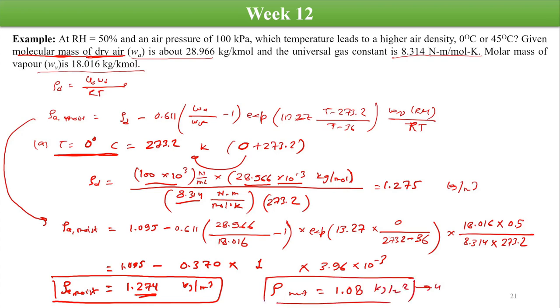This is at a temperature of 45 degrees Celsius. This is at a temperature of 0 degrees Celsius. So it was asked which temperature leads to higher air density. So the higher air density is obtained at a lower temperature. Right. So please have a look at this question. Let me know if there is anything that you're not getting here.